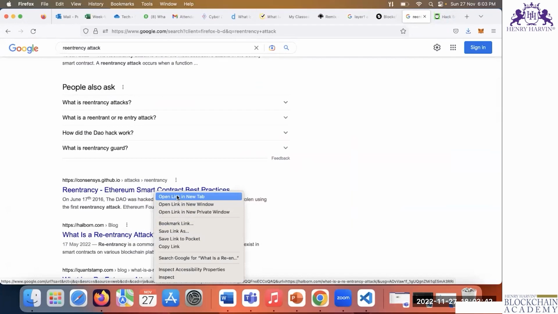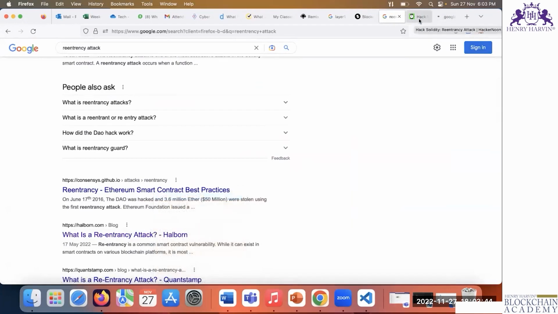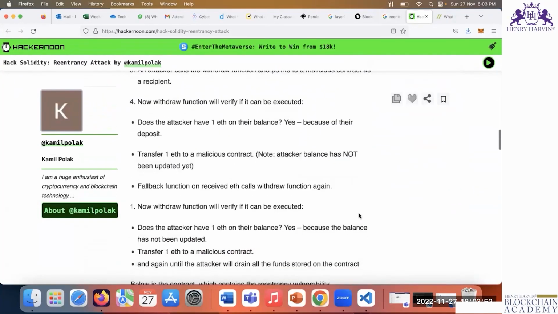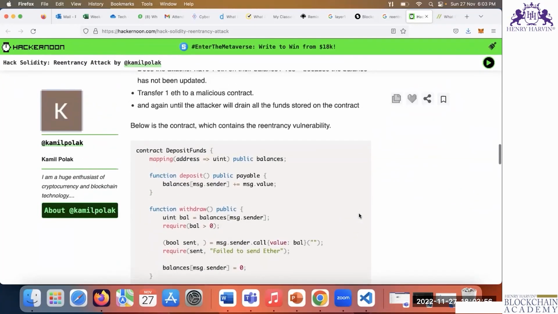If some program is there, we can check. We can use this one, this smart contract.